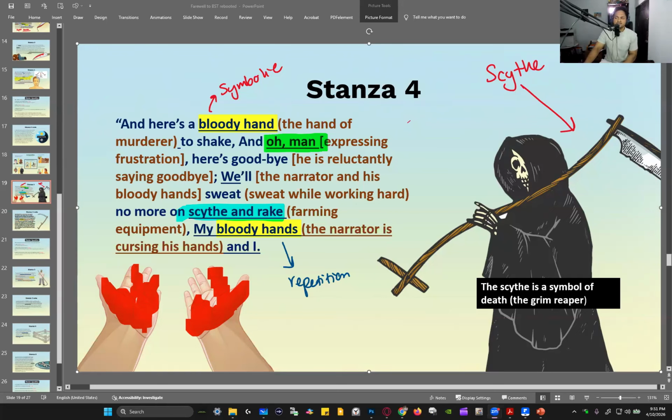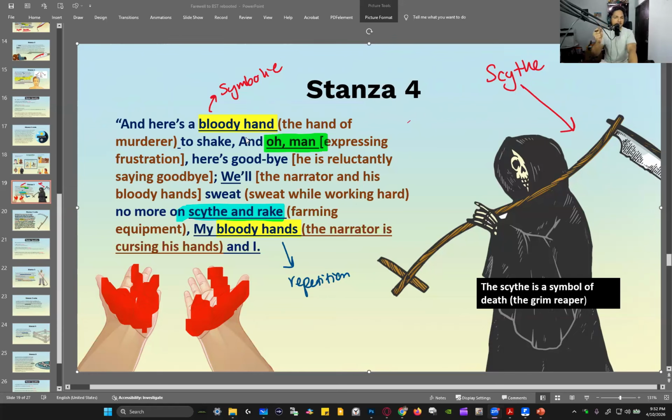No, there is no personification. Personification means giving human qualities to a non-human. Here, Rehana, there is no personification. Bloody hands is symbolic, symbolizes that the narrator has committed a murder. And here's a bloody hand to shake.